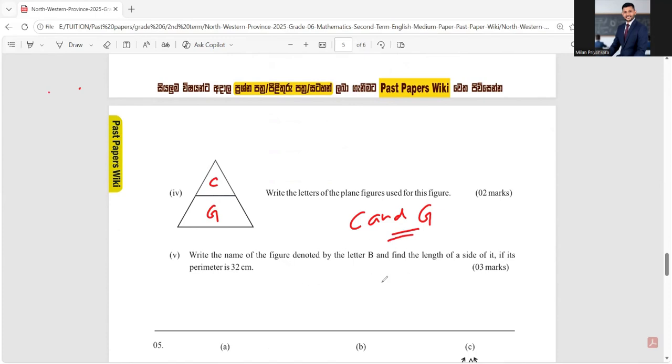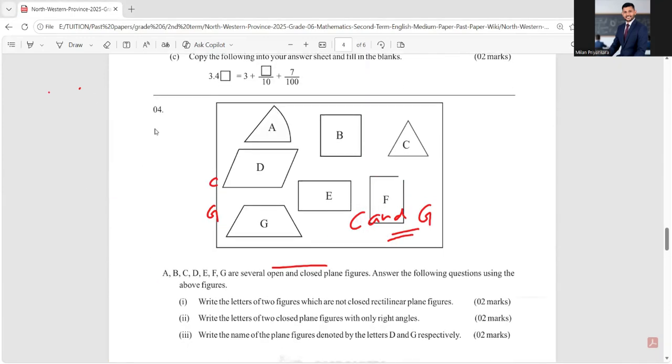Write the name of the figure denoted by the letter B and find the length of a side of it if its perimeter is 32 centimeters. Okay, let's see what is B. Okay, now see B is a square.